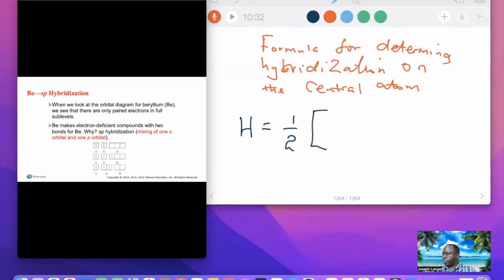H equals 1/2 of (V, for valence electrons, plus M, for monovalent atoms, minus C for cation, plus A for anion). This is an equation you need to learn and memorize.